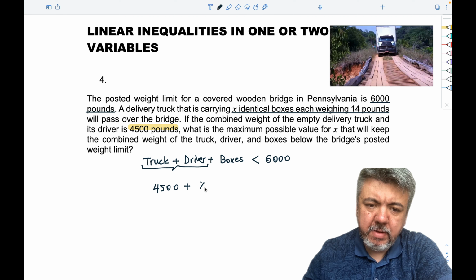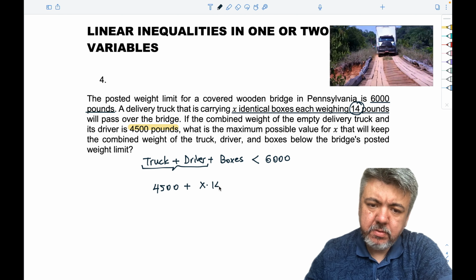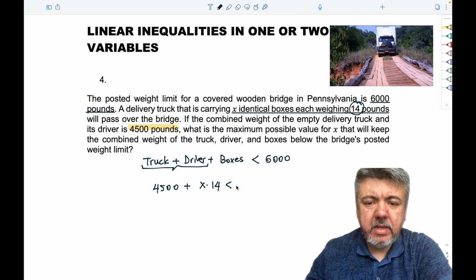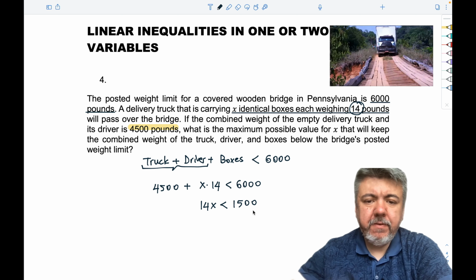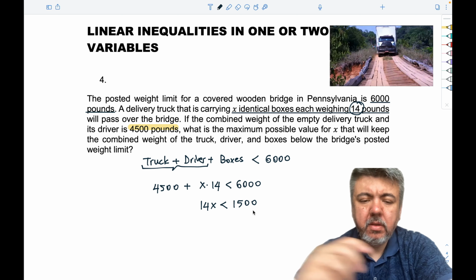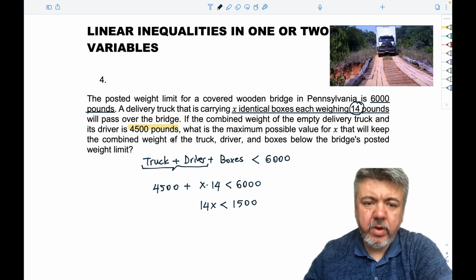There are x of them, and each weighs 14 pounds. Is less than 6,000. So 14x is less than 1,500.